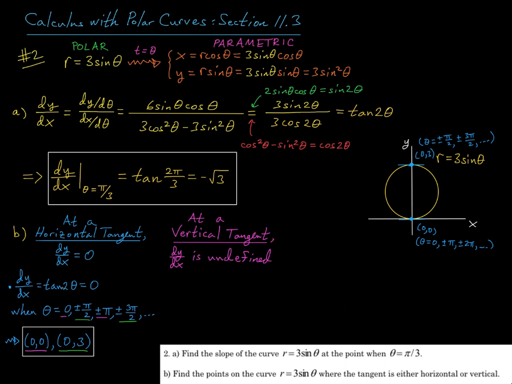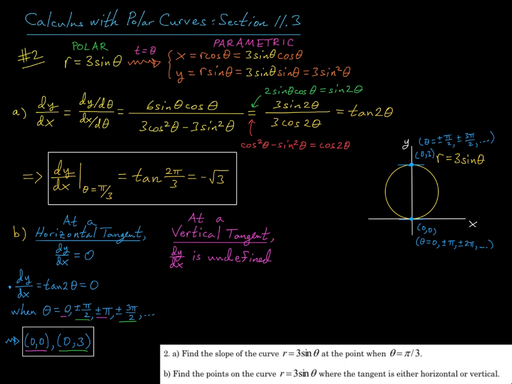Well, how is that seen by looking at our expression for dy/dx that we derived in part A? Well, when is tan of 2 theta 0? The tangent is 0 when the thing you're taking the tangent of is a multiple of pi. And so the tangent of 2 theta will be 0 when your angle theta is a multiple of pi over 2. So 0, plus or minus pi over 2, plus or minus pi, plus or minus 3 pi over 2, and so on.